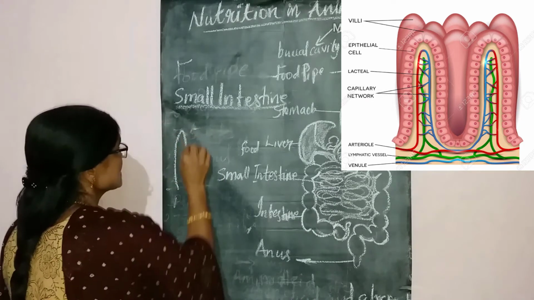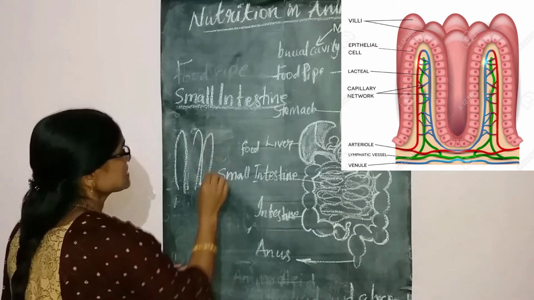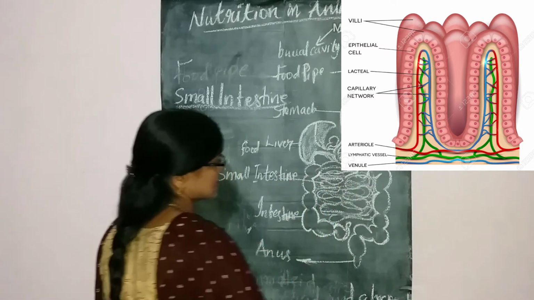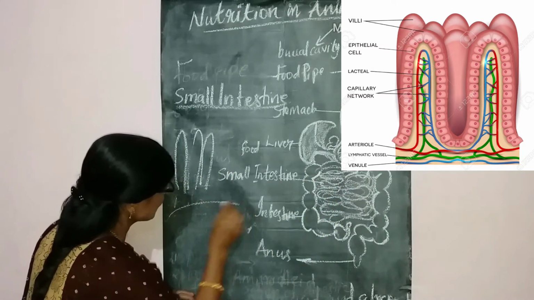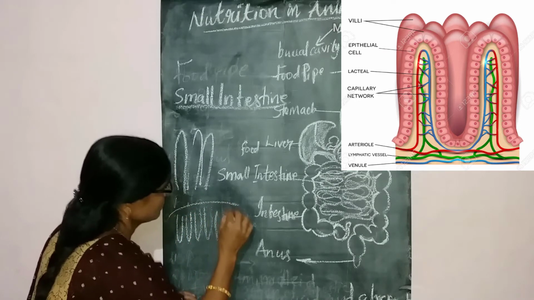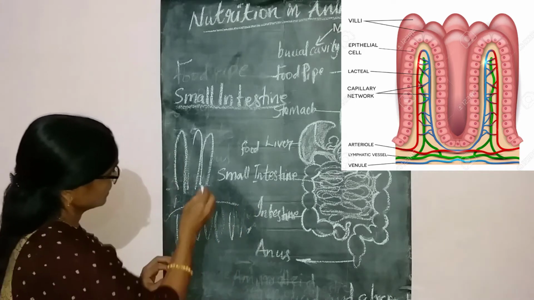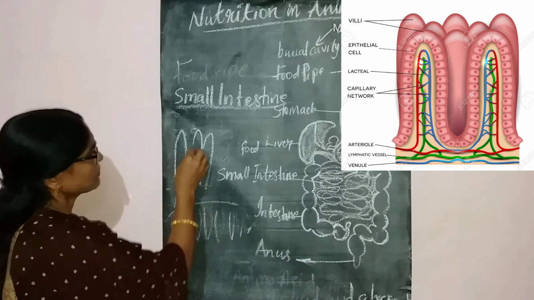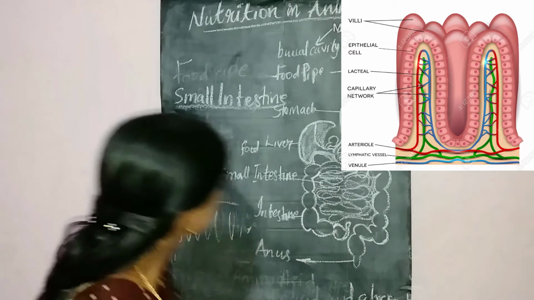The outer wall is smooth, but the inner wall has projections like our fingers. These finger-like projections are known as villi.